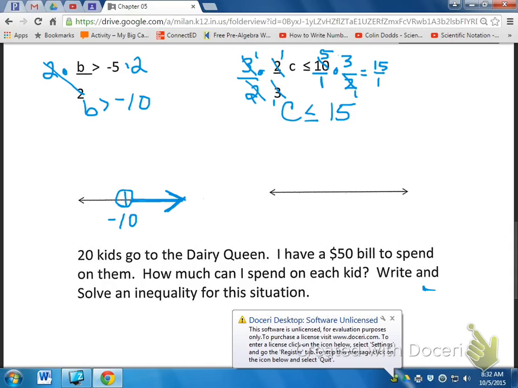So if there is a fraction with your variable, just multiply both sides by that reciprocal to make it fall out with the variable, and then whatever you have left on the right would be it. So c less than or equal to 15, so closed circle on 15, shaded left.